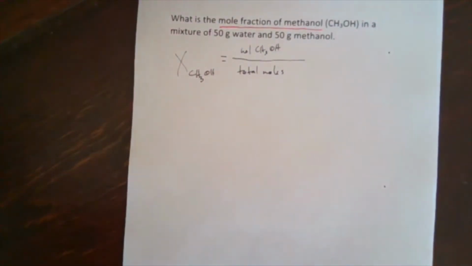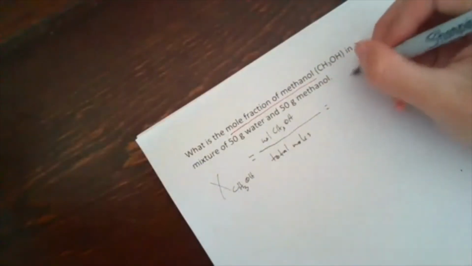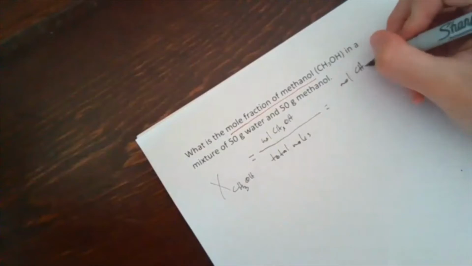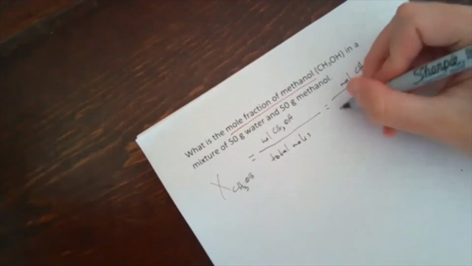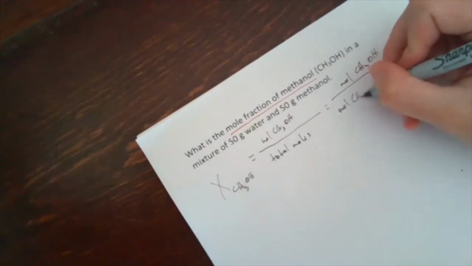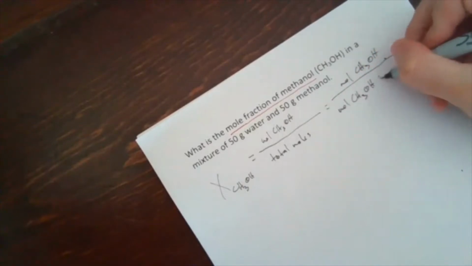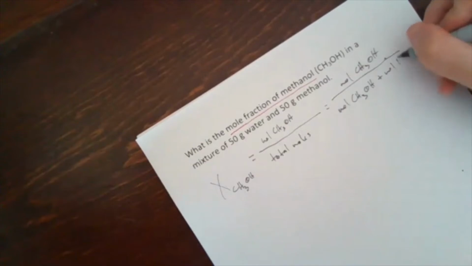And that total moles we can expand out more, because we know that's just going to be the moles of everything added together. Just like mass is additive, so are moles. So moles of CH3OH plus moles of water.